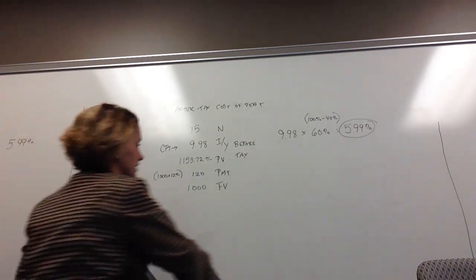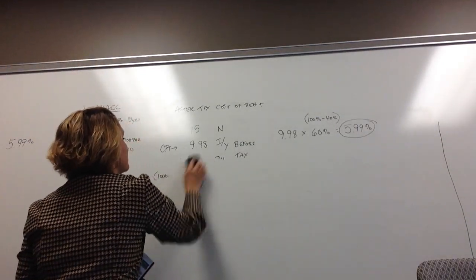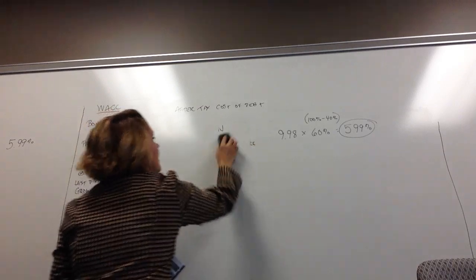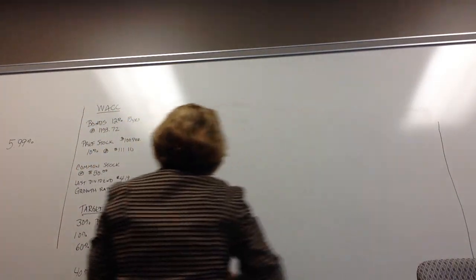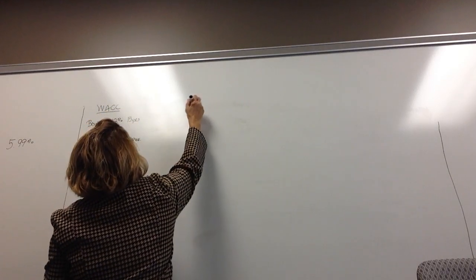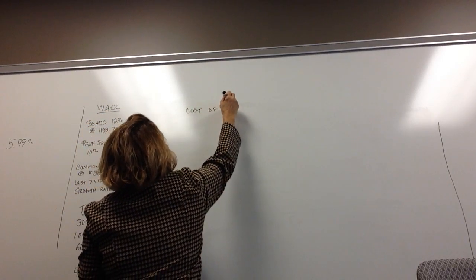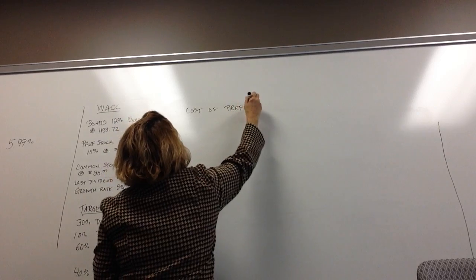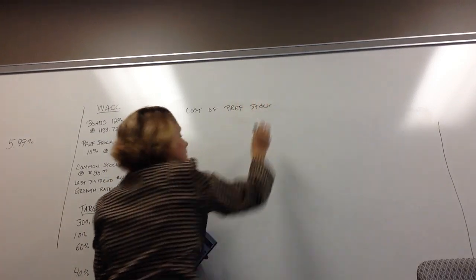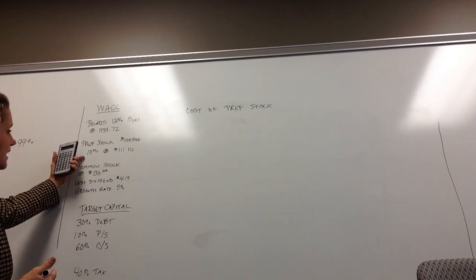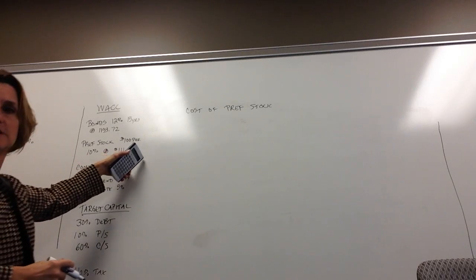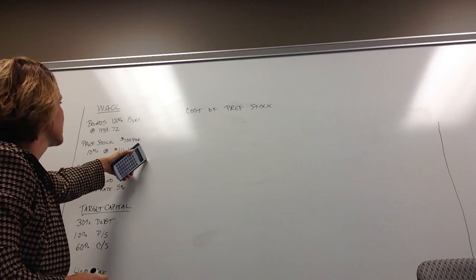So the next computation asks, what's my percent cost of my preferred stock? I read through that and see that it pays a 10% dividend, and it's currently selling at $111.10.